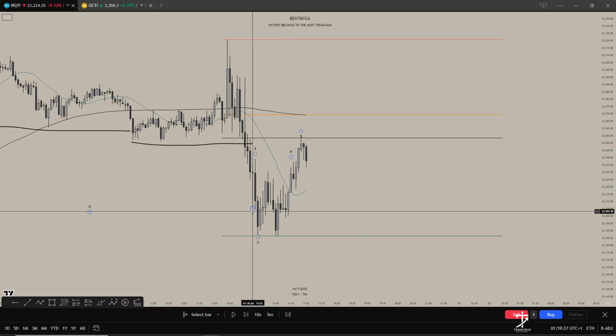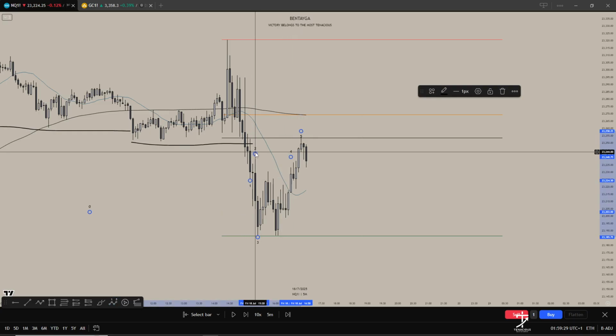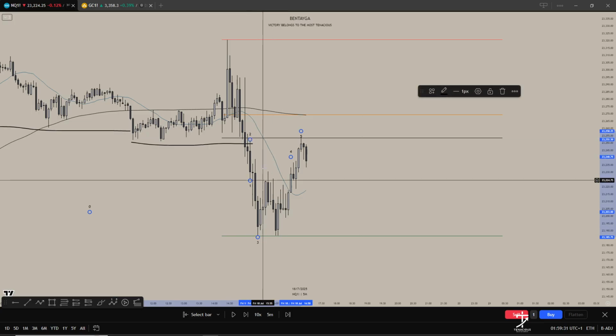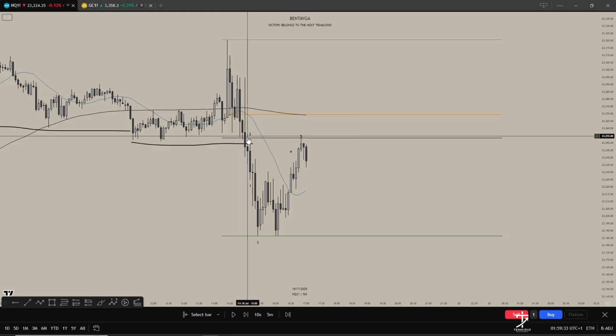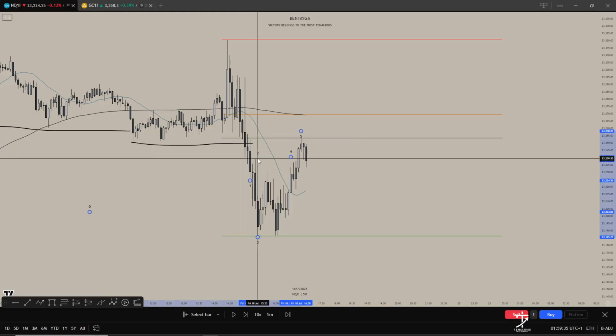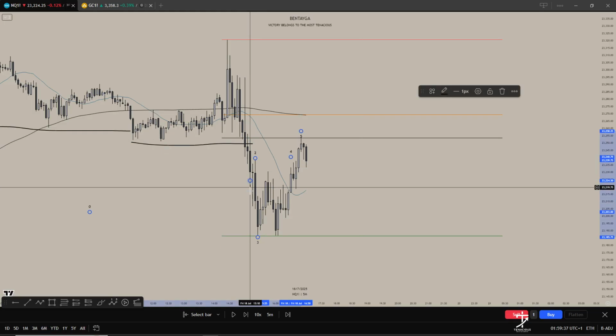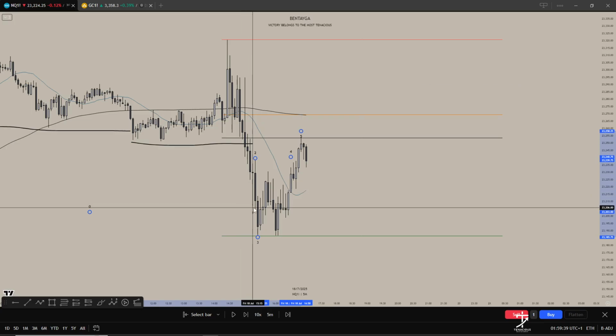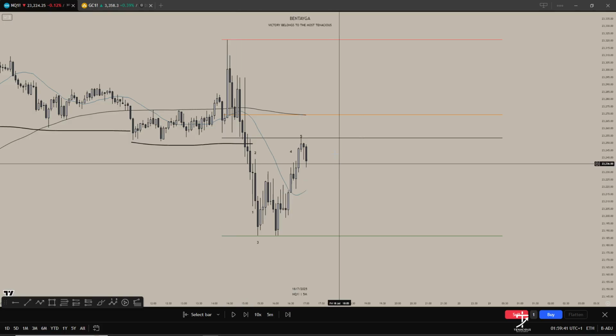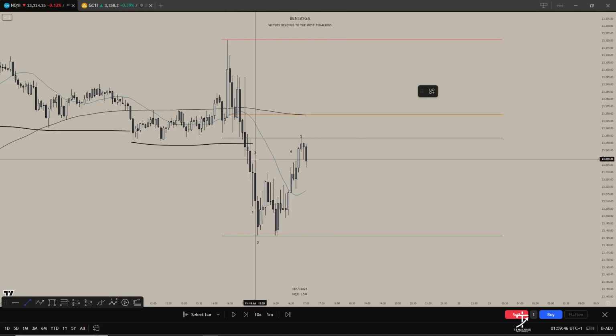I mean, you could always use this as your 1 as well, this as your 2, this as your 3, and it's still the same. Price still sweeps. So it just really depends on what you wanted to use as your 1 and what you wanted to use as your 2. But you guys can clearly see that price had swept.